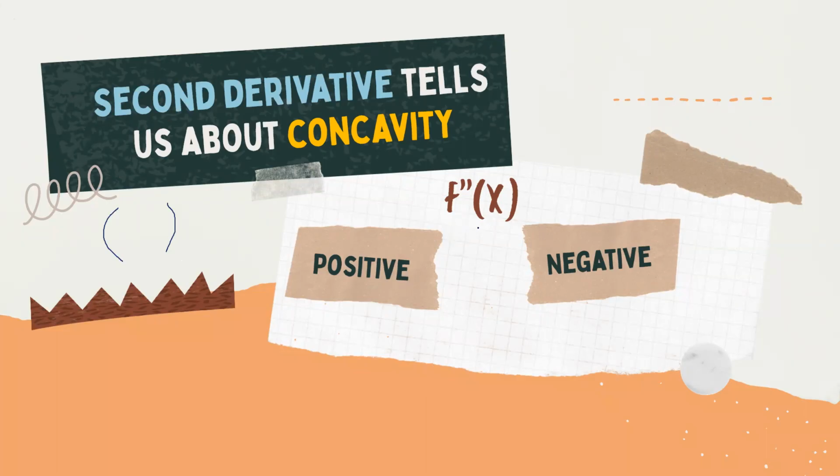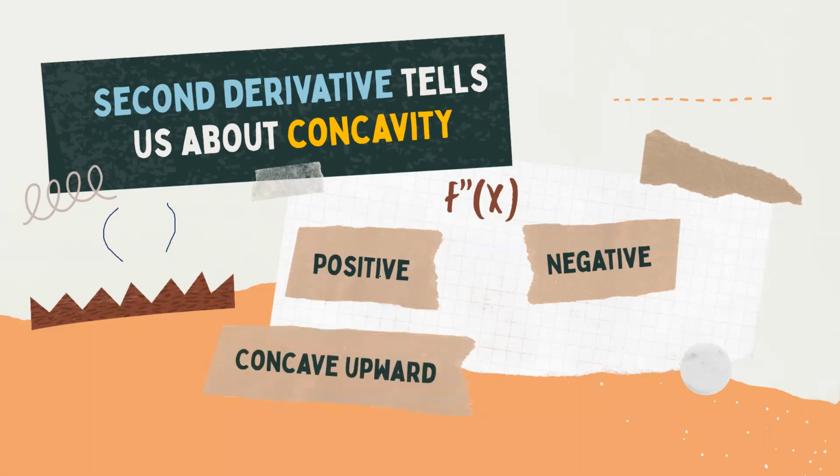This has something to do with the derivative of the first derivative or the derivative of the slope of the tangent line. Kaya it has something to do with how the curve is bent. Yan. So, pag positive daw yung f double prime of x, we have a graph that is concave upward.